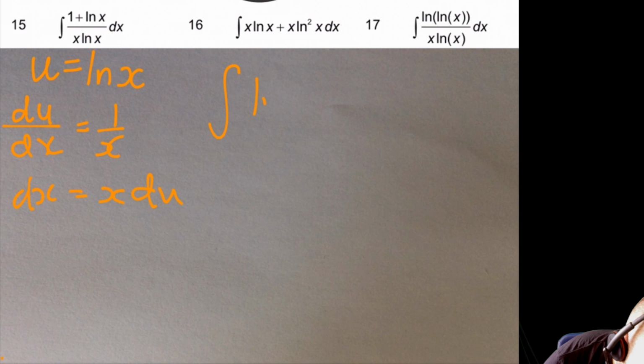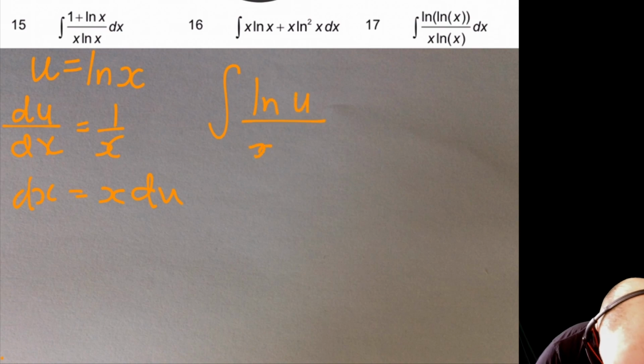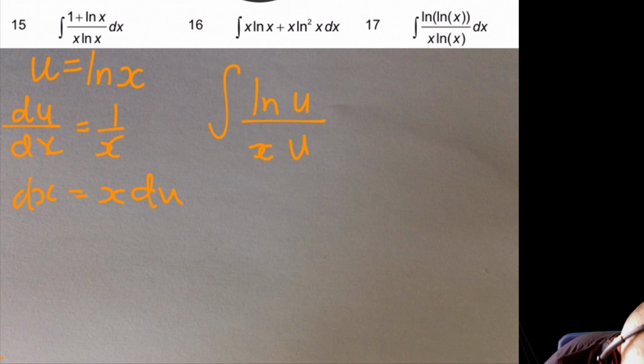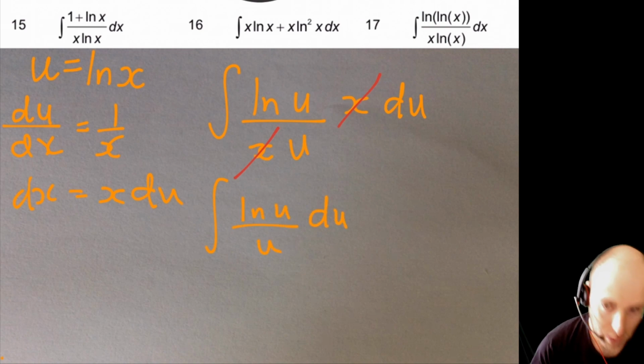So we get the integral of ln u over x times x du. That x and that x are going to cancel, leaving me with ln u over u du.